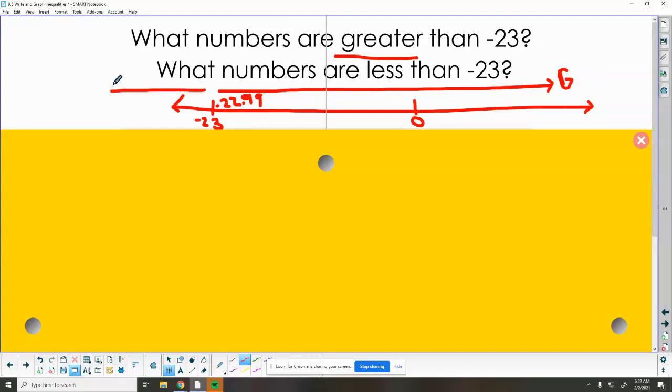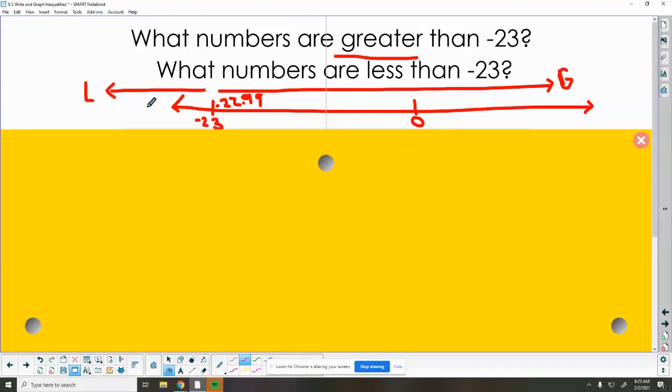So now I want you to pause and see if you can write down 5 numbers that are smaller or less than negative 23. So anything to the left is going to be less than negative 23. So I could come over here and say negative 50 is less than negative 23. Negative 1,000,000 is less than negative 23.